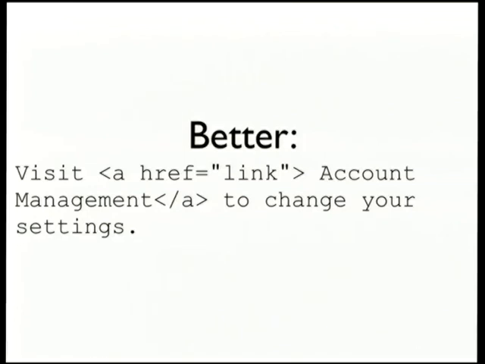If you are linking to account settings, visit, link, account management, end link, to change your settings. And that means that when that gets pulled out into the giant list of links, then all of a sudden, instead of click here, click here, click here, you've got account management, payments, shop, documentation, support, etc.